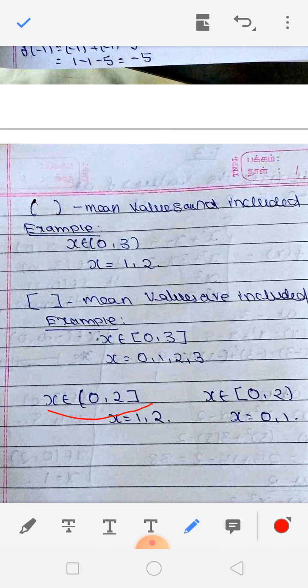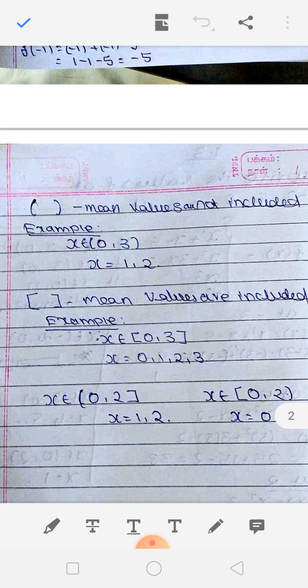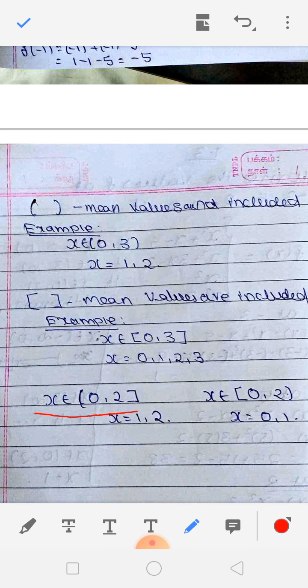This is for examples only. Keep it in your mind always, because this is basic knowledge. Look at x belonging to (0, 2]. The first one is an open bracket and the second one is a closed bracket. Open bracket means that value will not be included, so 0 will not be included. After 0 the value is 1, and then 2.